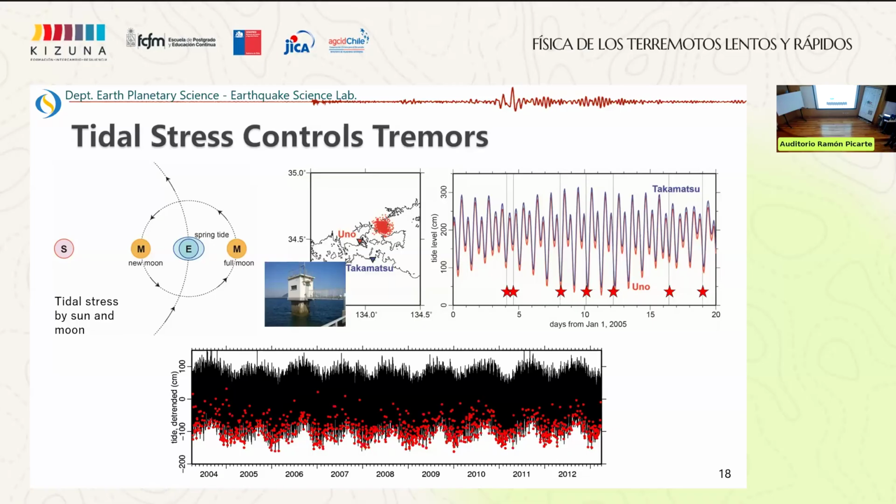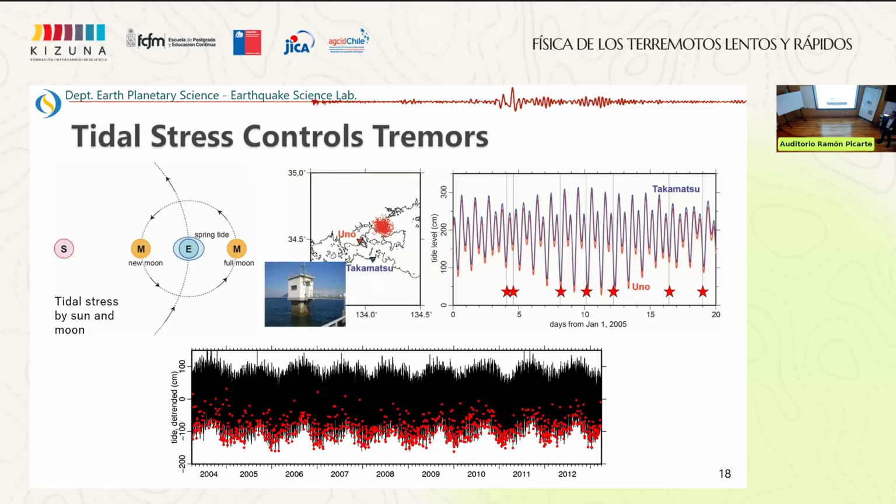There has been a very long debate whether earthquakes are controlled by tide. What we know is there is some statistically significant effect on earthquakes by tide, but it is very difficult to detect. However, for slow earthquakes, it's so obvious. Some tremor is very well controlled by tide.